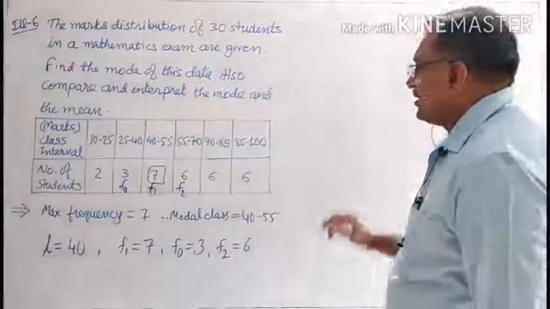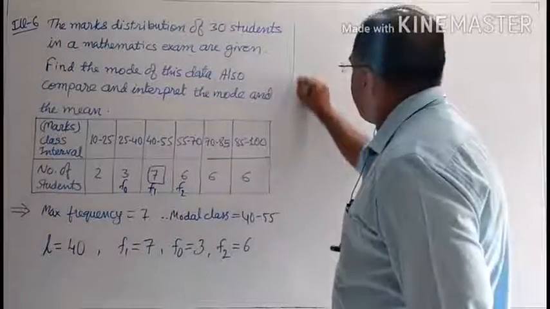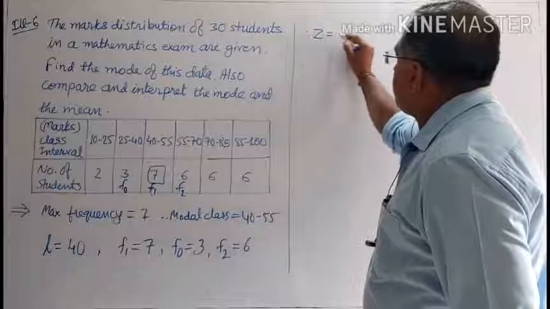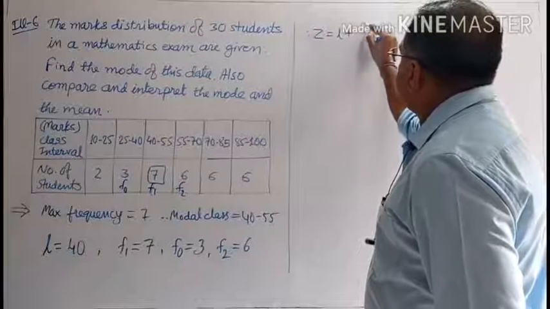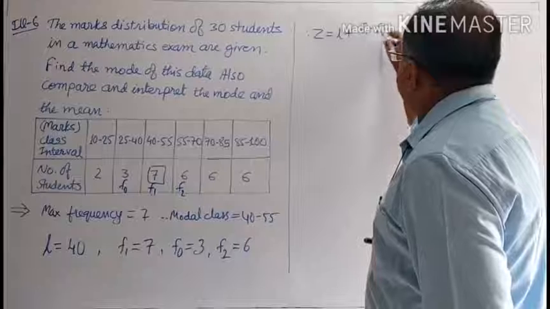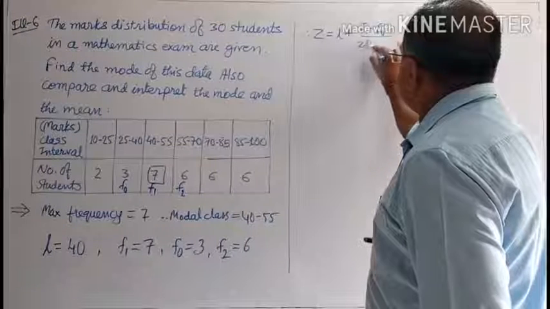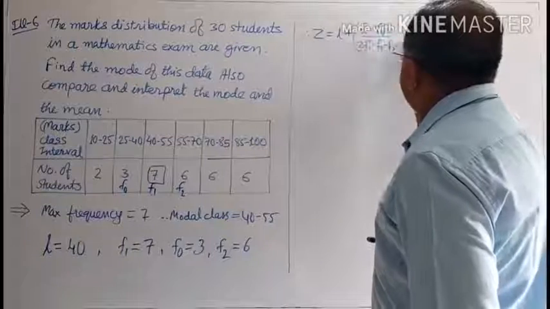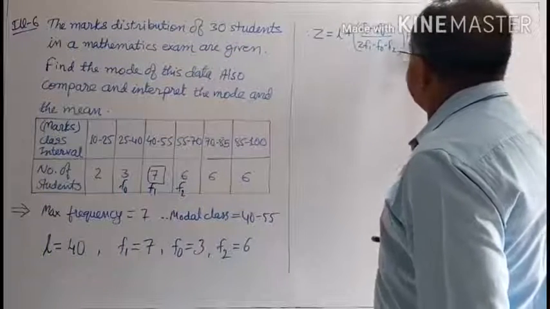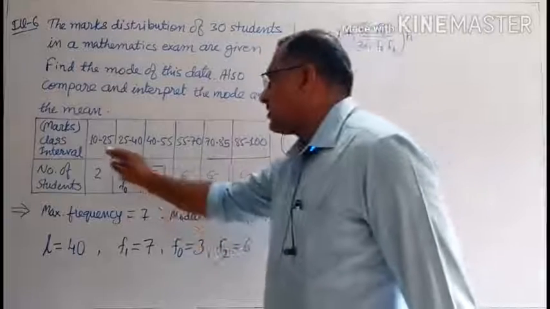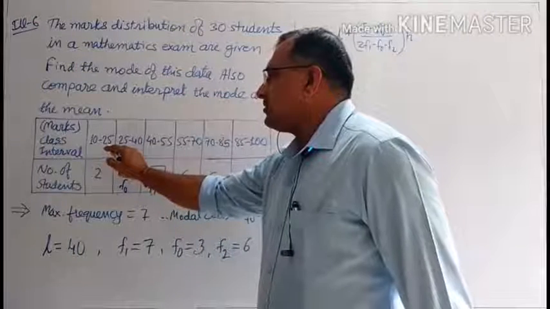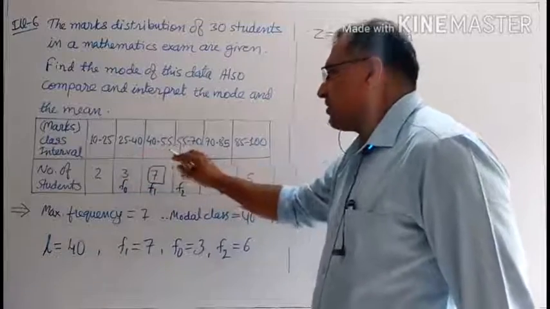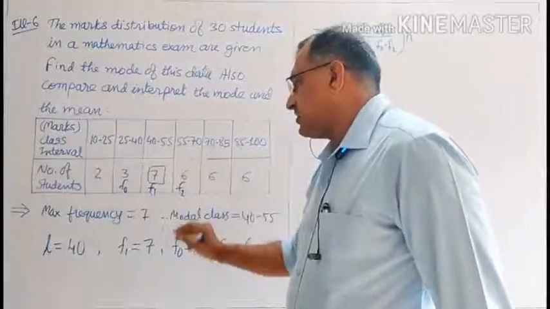So using this data, let us find the mode of the data. The mode is denoted by Z, and Z equals L plus F1 minus F0 divided by 2 times F1 minus F0 minus F2, multiplied by the class width. Here the class width: you can see upper limits 25 and 40, or any successive upper limits, 55 and 40, so the difference is 15.